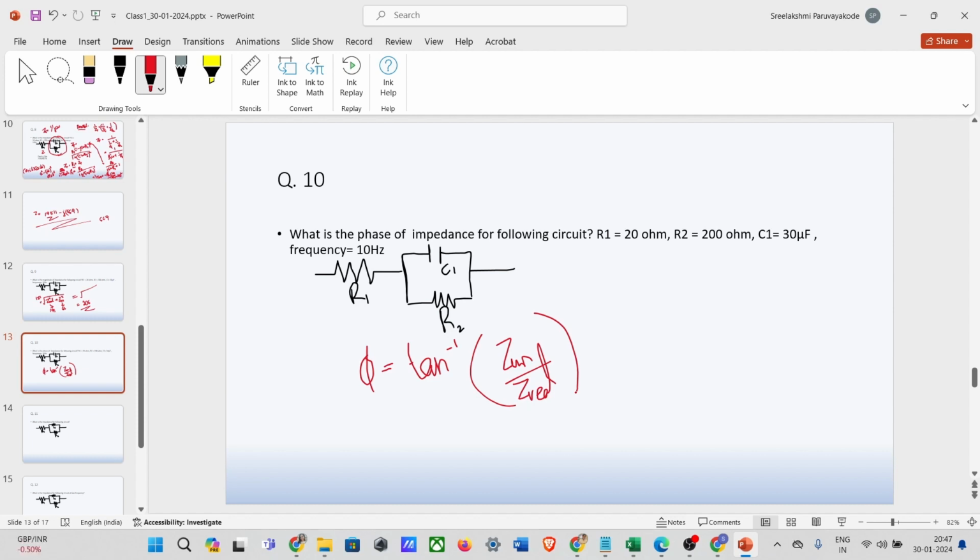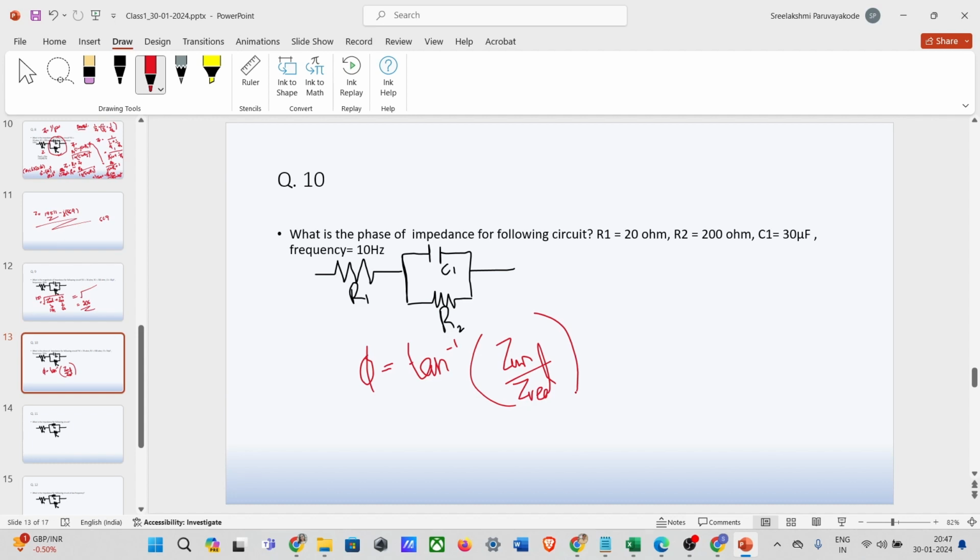Ma'am, the answer is 0.33. Please check once again. Please find the answer in degrees, because we say that current is lagging by this much, 90 degree. 0.33 is in radians, right?